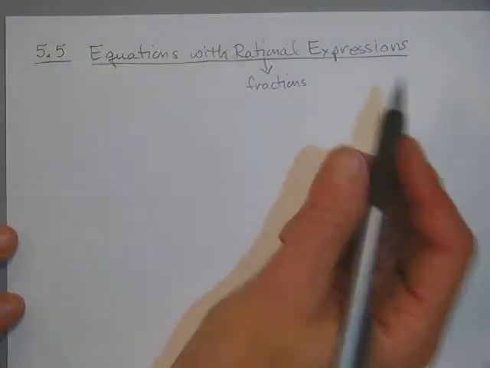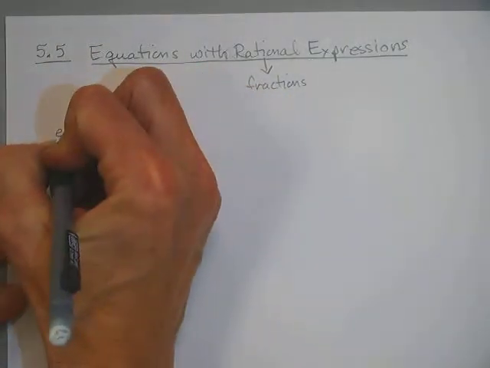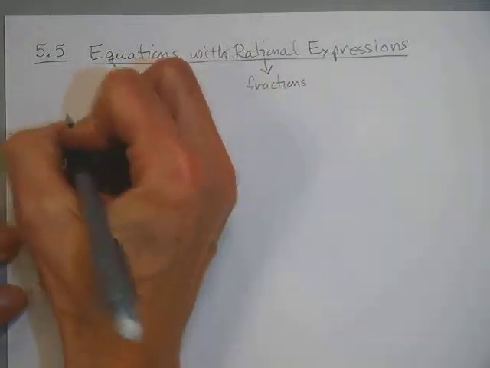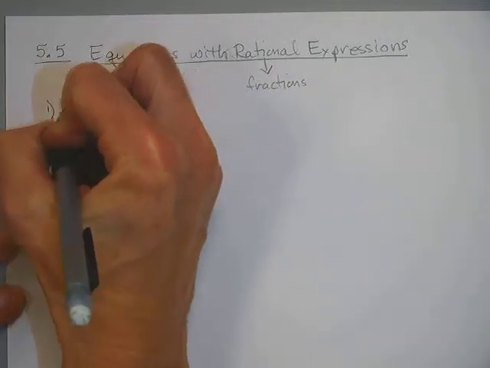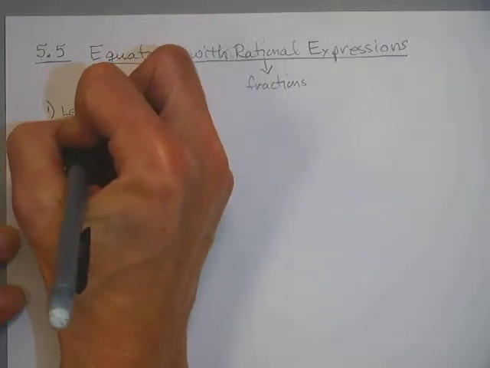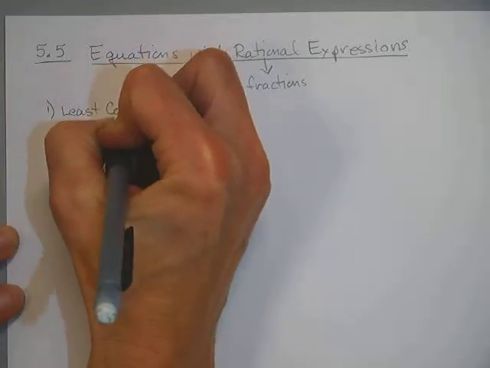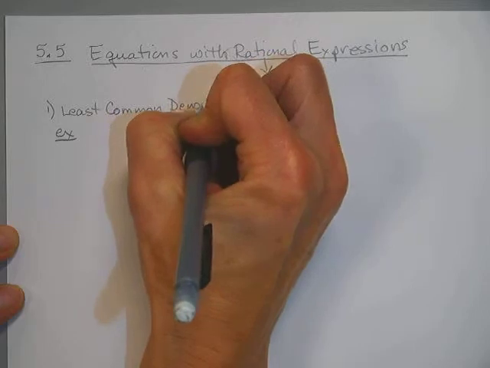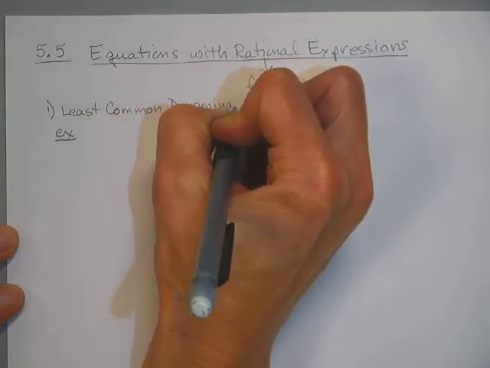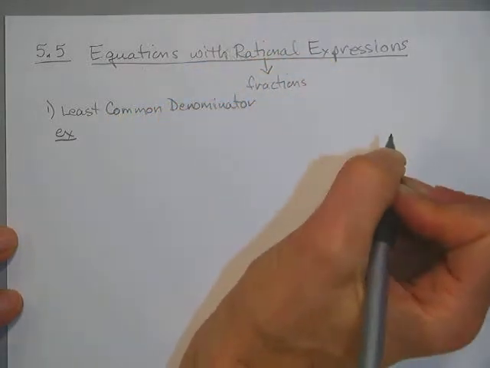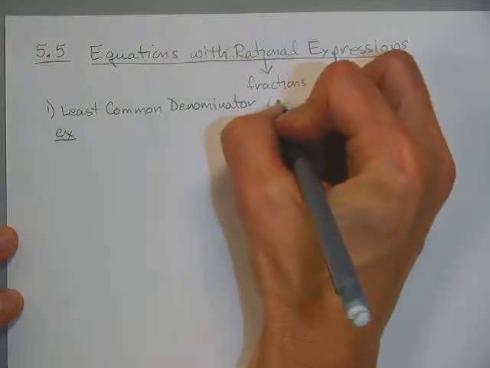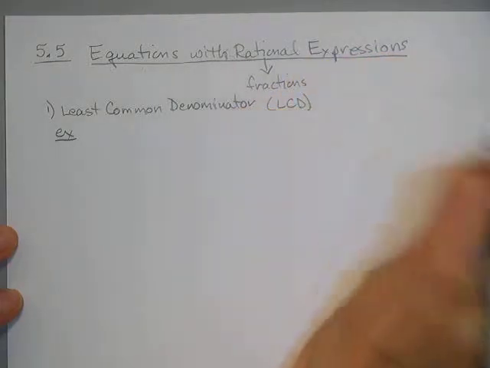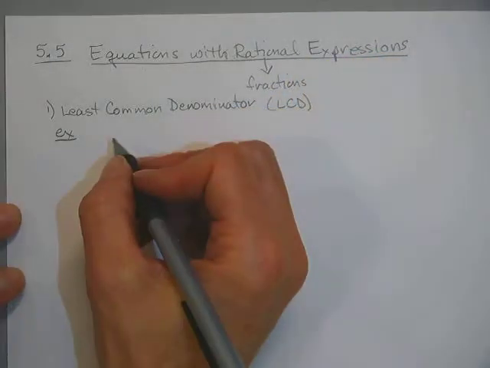A real simplistic one, I'm just going to go through. What you always need to remember is you always need a least common denominator. What would be the easiest way to find that? Look at the factors. Well, I'll show you.